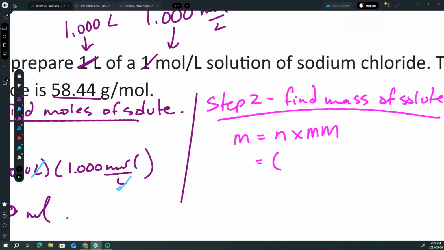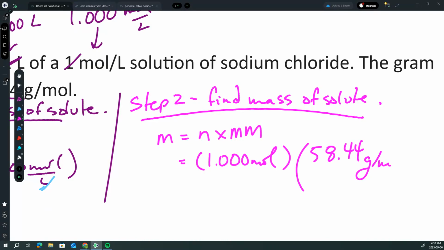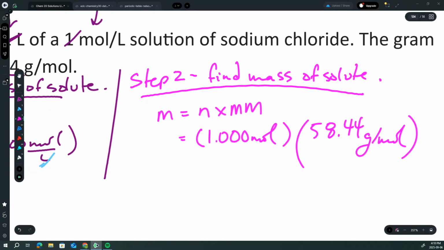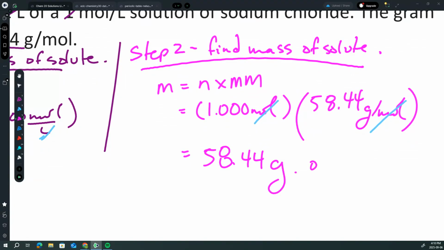So our moles, that was 1, times 58.44 grams per mole. So moles cancels out, and we get 58.44 grams of sodium chloride.